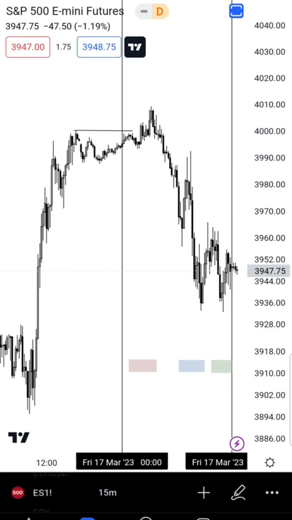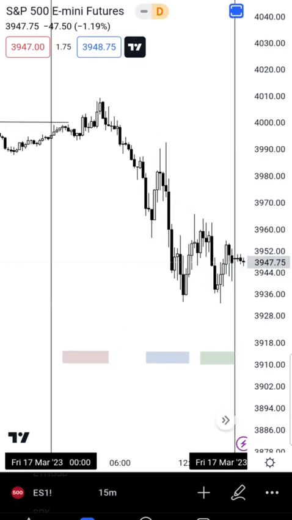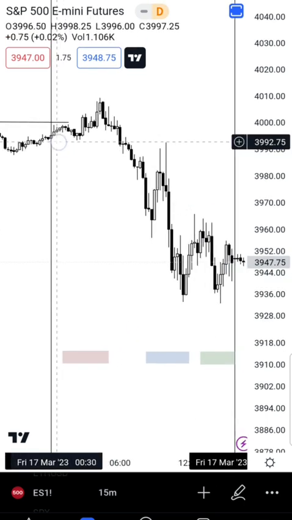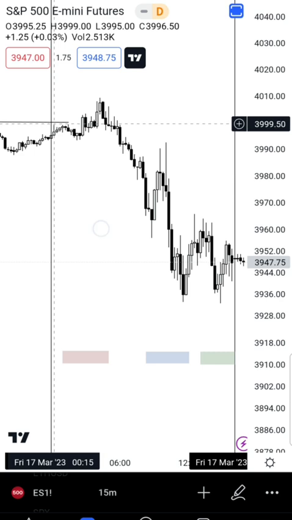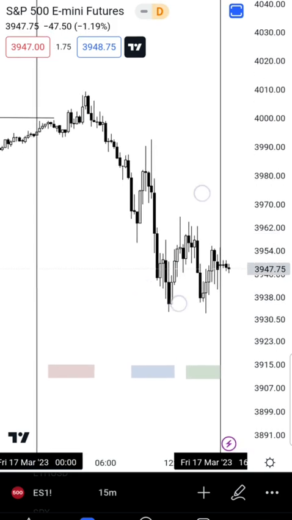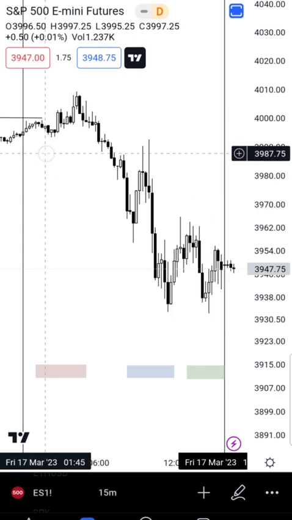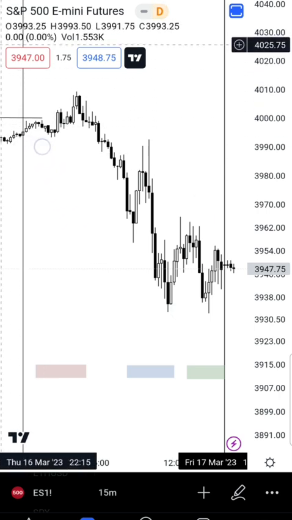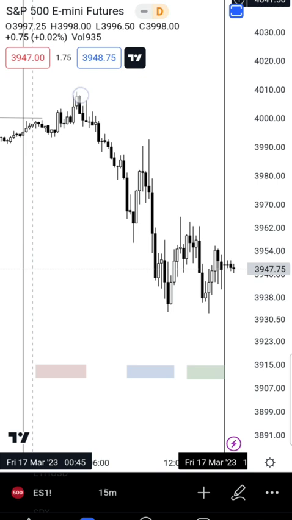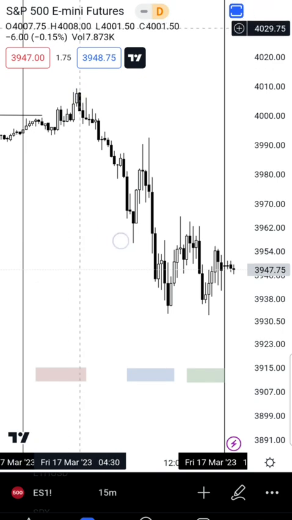So when we see this and we see a rally from the opening price into a higher time frame PD array, which is for you to find and me to know. So we rally after the opening price during London, and at the end of London session, we get a bearish order block.